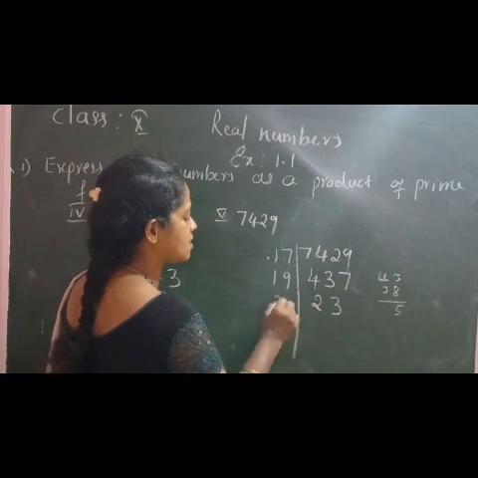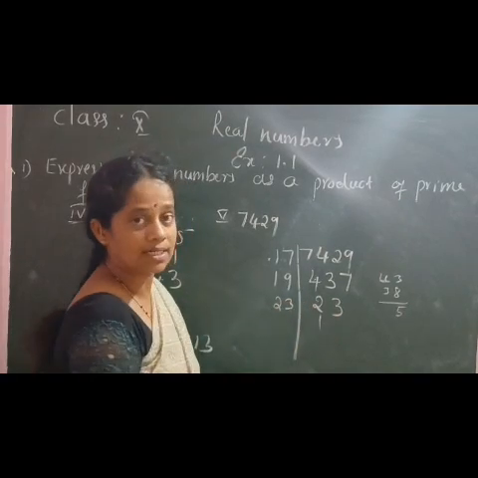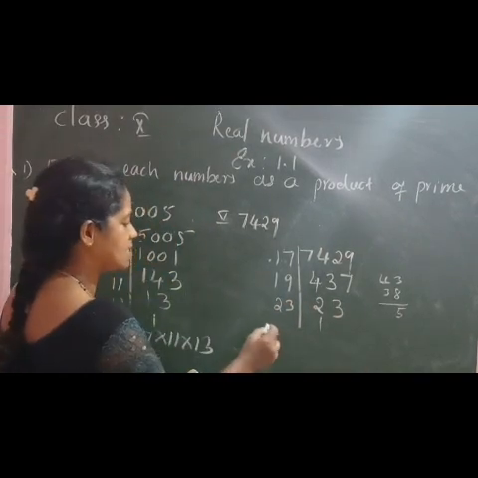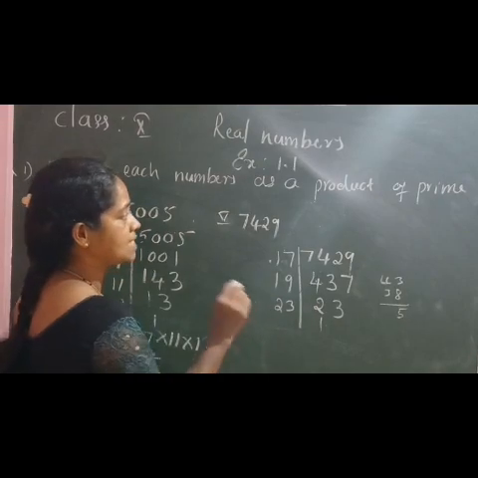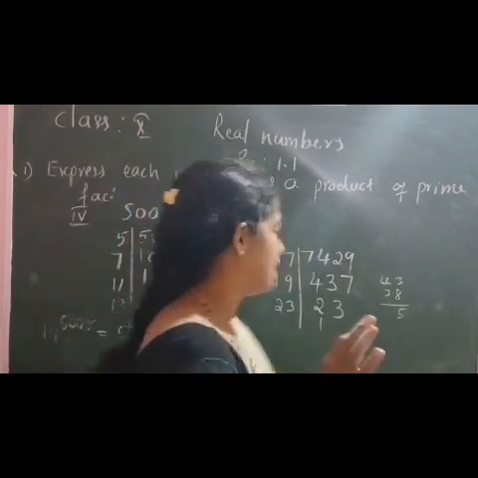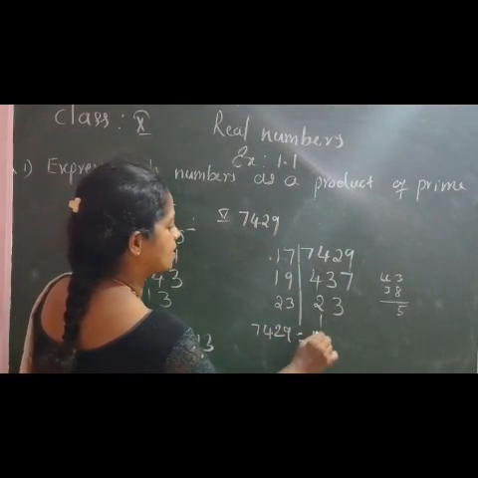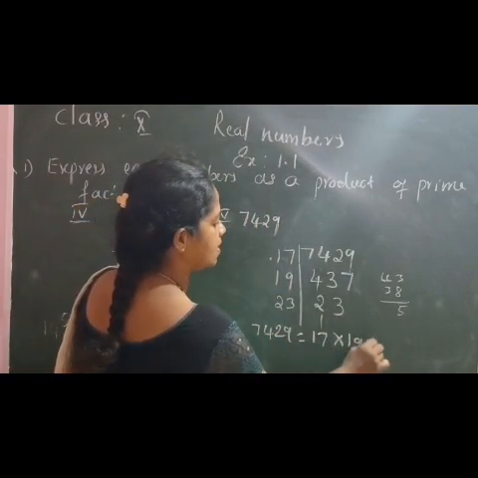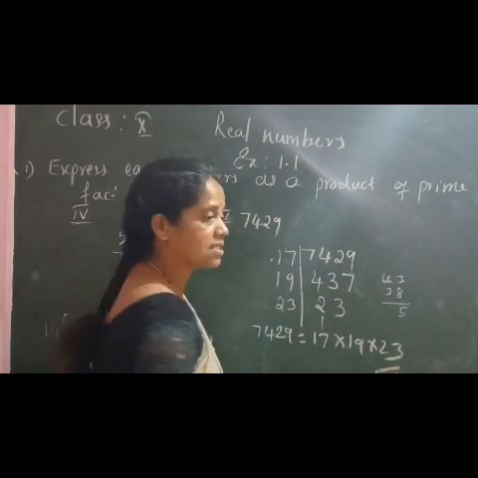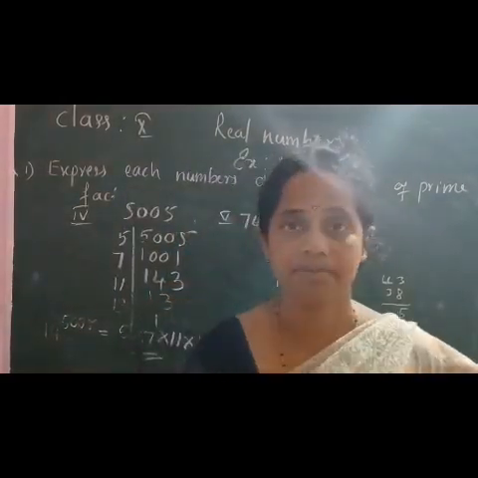The last factor is 23, 23 one time. Therefore, the factors of the given number 7429 are 17 into 19 into 23. So these are the factors of the given number.